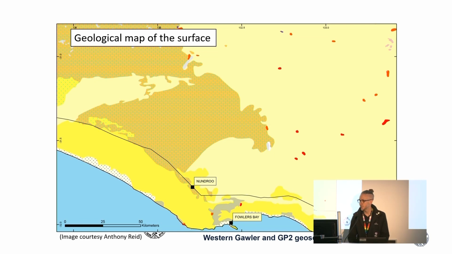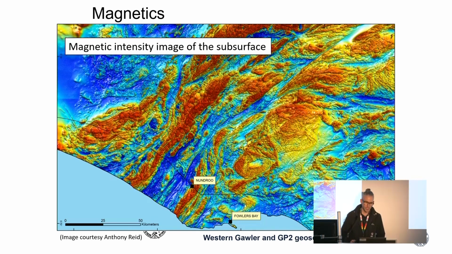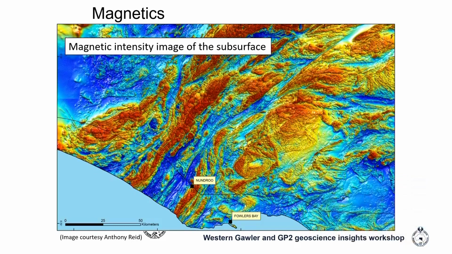These are the near surface units. These are the regolith units, the tertiary sediments. All of this is masking what's happening underneath, right? We don't have any information on the bedrock. When we switch on the magnetics, though, we get this wonderful image where we can see a lot of information.